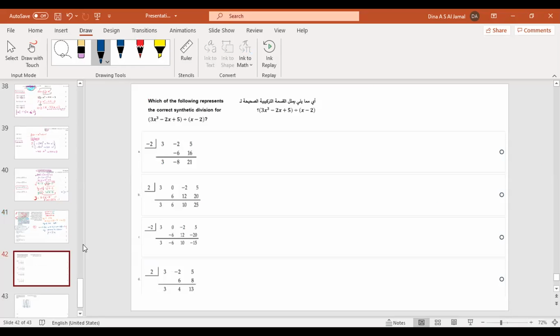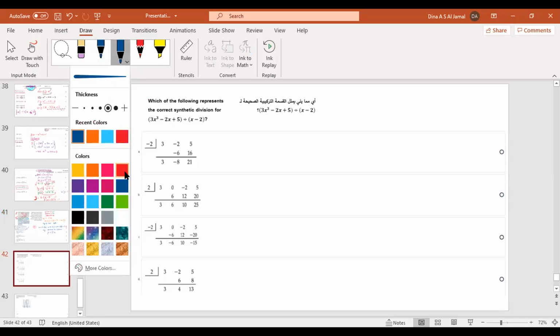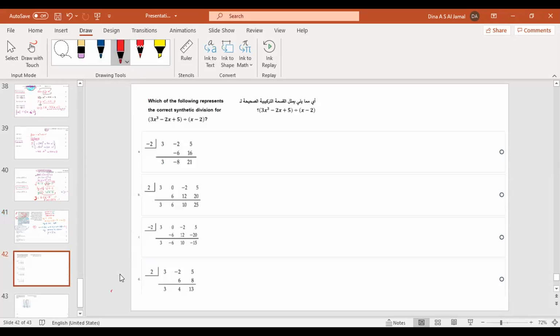Now, which of the following will be representing the right synthetic division? Whenever he's giving you synthetic division, before you proceed, you can just perform it from the beginning. So he gave it to you: 3x cubed minus 2x plus 5 over x minus 2.